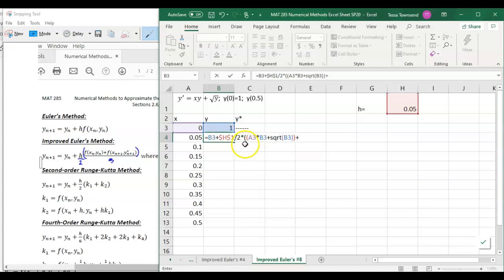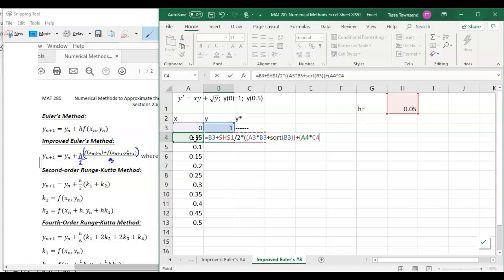Plus the differential equation evaluated at this x value, which is 0.05, and this y star value. I'm going to put all of that in parentheses. So it's going to be x times y. Oh, excuse me, it's this x times y. And remember, this is going to be y star.